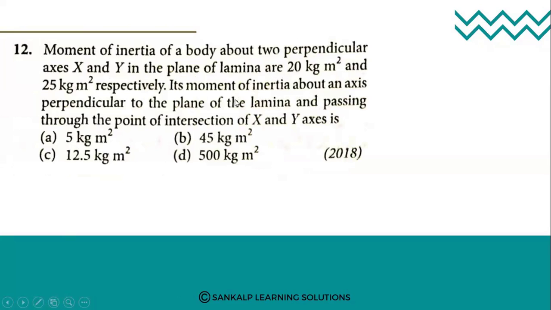Its moment of inertia about an axis perpendicular to the plane of the lamina and passing through the point of intersection of the x and y axes is? So the moment of inertia of the body about two perpendicular axes x and y in the plane of the lamina is 20 kg meter square and 25 kg meter square respectively.